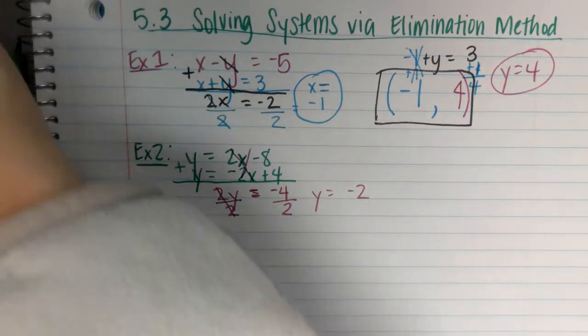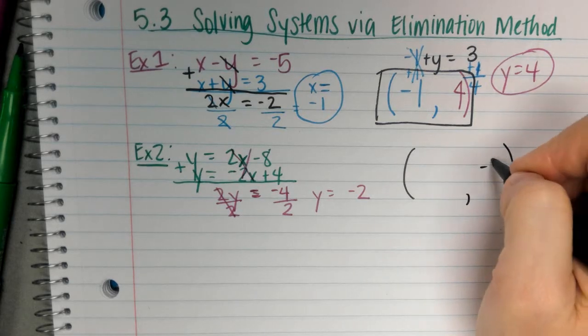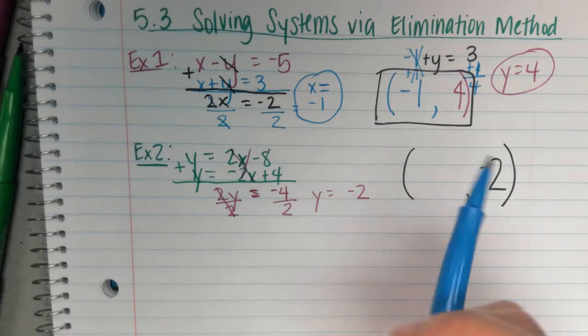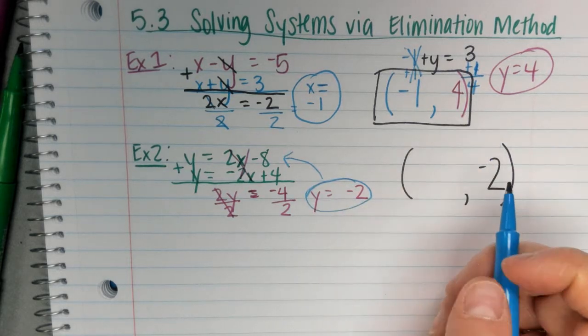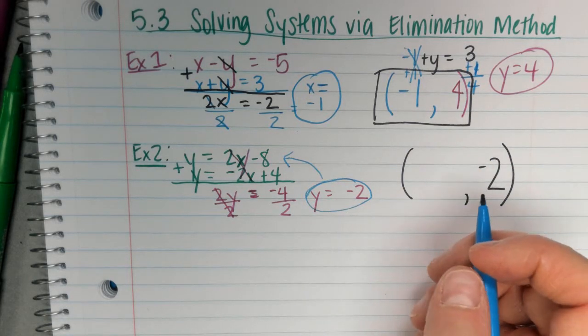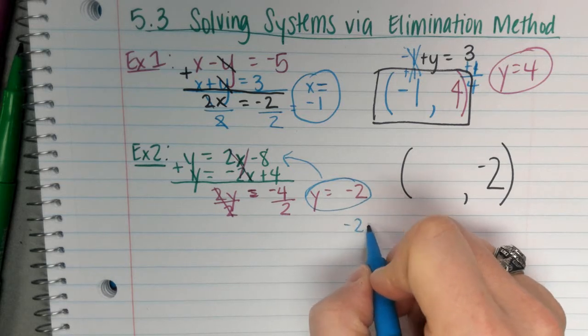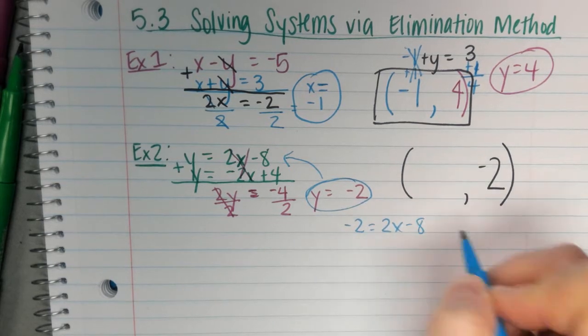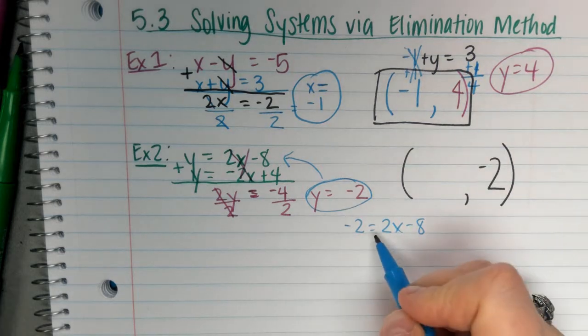So now we know our y. We're going to substitute this back into an equation and find our x. Let's just go ahead and do the top one. Negative 2 equals 2x minus 8. We put negative 2 where y is because we know y is negative 2.